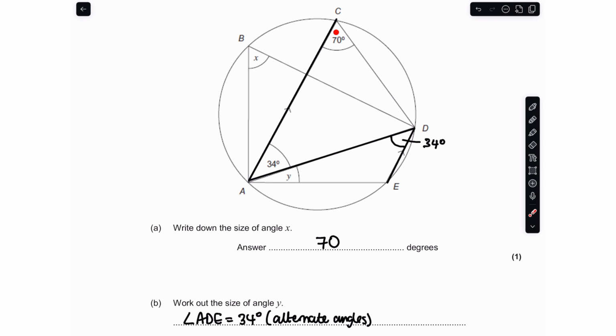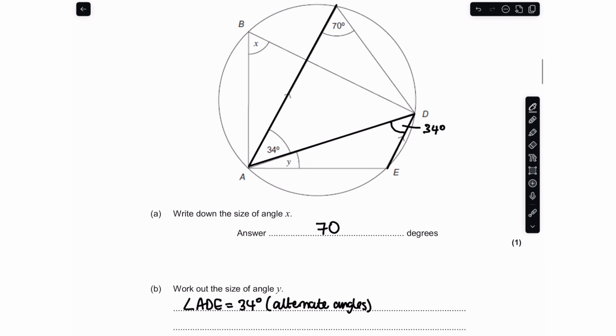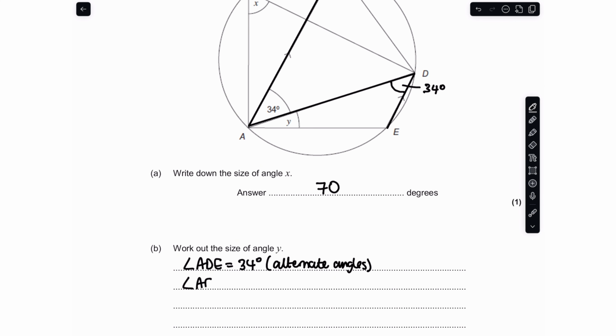Therefore, angle 70 and its direct opposite angle, angle AED, give you a value of 180 degrees. So to work out the size of angle AED, I can simply subtract 70 degrees from 180 degrees. Therefore, angle AED equals 180 degrees minus 70 degrees, and that gives us 110 degrees. So this angle here is simply 110 degrees.